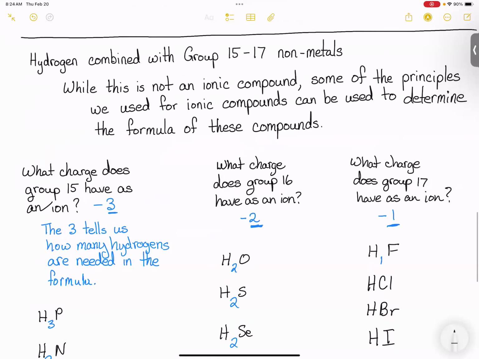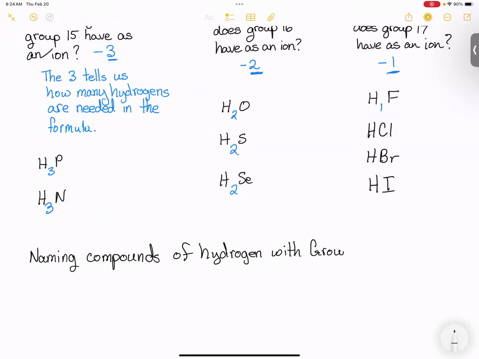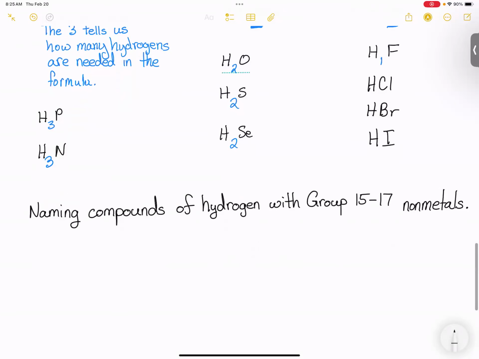Then let's talk naming these compounds. The name is basically two parts.